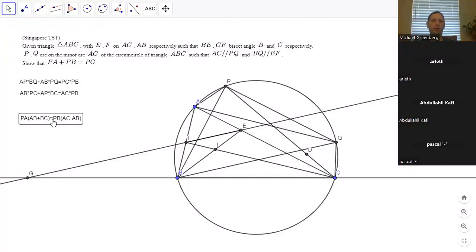PB is a little bit of a tricky length because we can't rewrite it in terms of something else. So PA and PC are QC and QA, but PB, I don't see an easy way to do that.